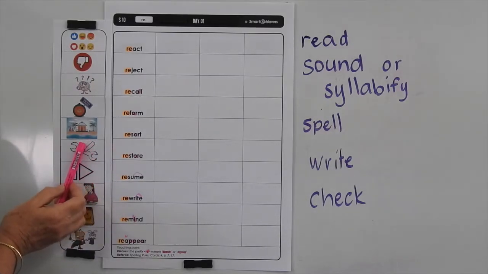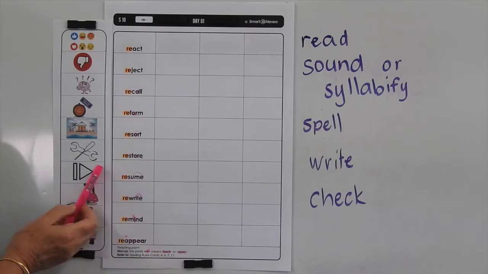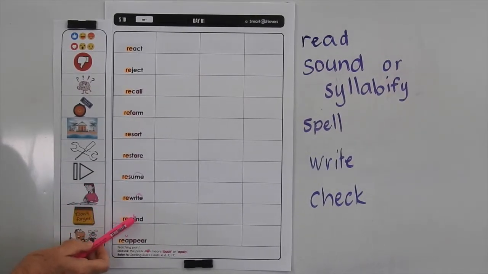Restore means to bring back or reinstate or return to a previous state. Resume means to continue. Rewrite means to write again. Remind means to tell again or to remember. And reappear means to appear again.